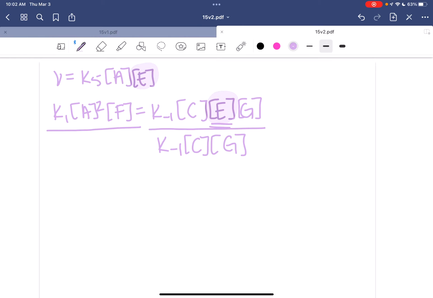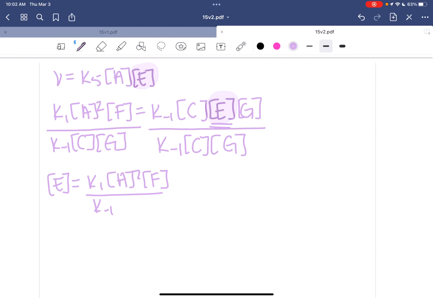So we're also going to divide the left side of this reaction by the exact same thing. And so that is going to give us the concentration of E equal to K1 times the concentration of A squared times the concentration of F divided by K minus 1 times the concentration of C times the concentration of G.